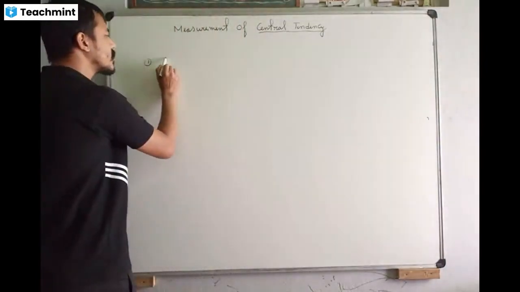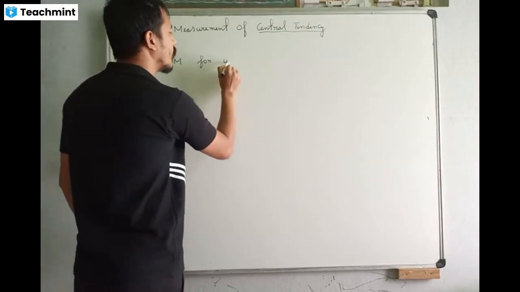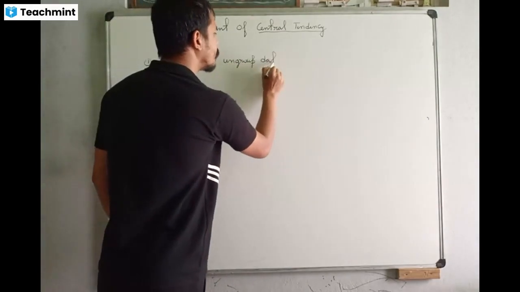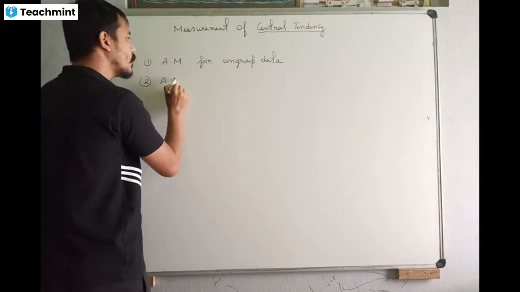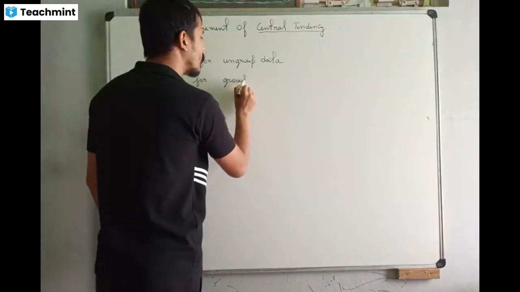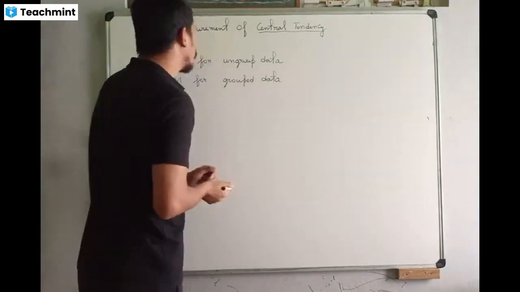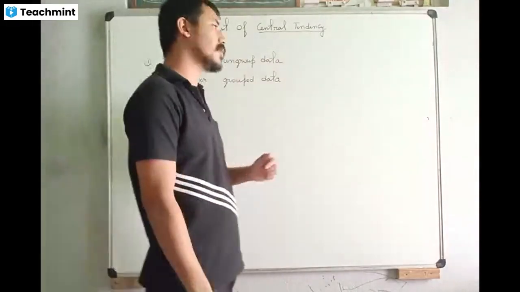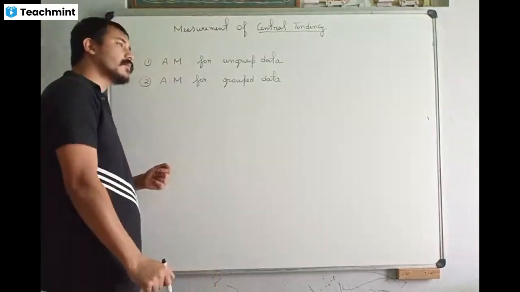The first one is arithmetic mean for ungrouped data, and the second one is arithmetic mean for grouped data. So we will learn the calculation of arithmetic mean for these 2 types of data: one is ungrouped data, and the second one is grouped data.